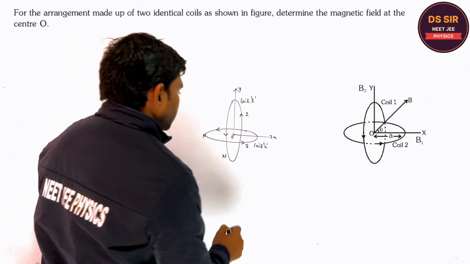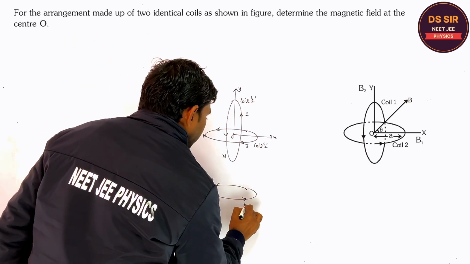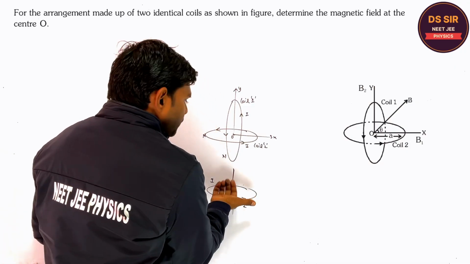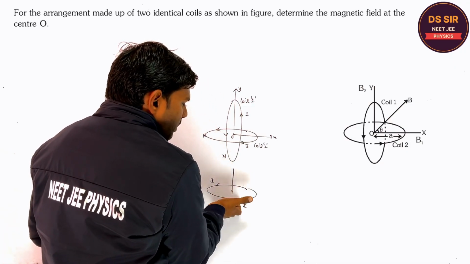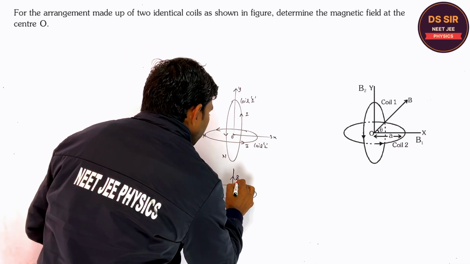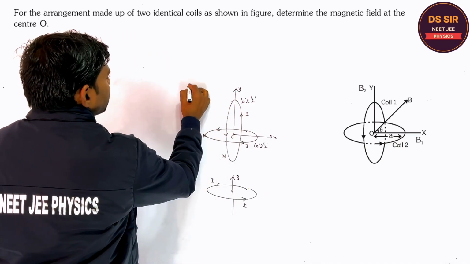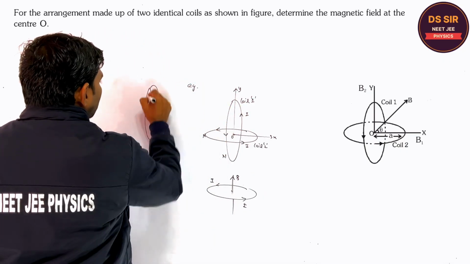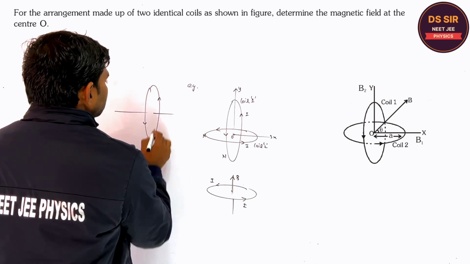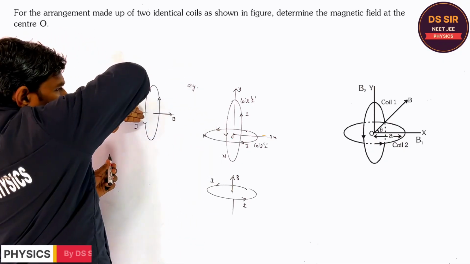Yes. So listen one thing. If this is the circular coil, the current is I. So here the magnetic field is what? Say upward. Yes. So this is the magnetic field. Fine. If this is the current carrying coil, and the current is like this, so the direction of magnetic field is like this.